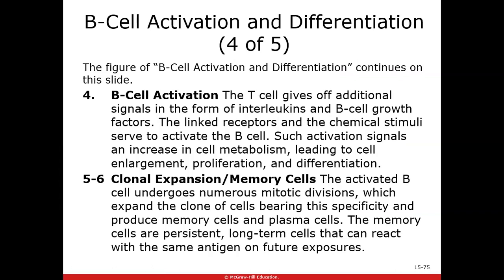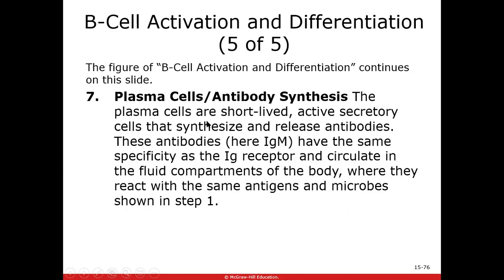So for B cell activation, the T cell gives off additional signals and activates that B cell. Then the B cell will create a memory B cell, or it will go on to create plasma cells, and it will produce immunoglobulins. Then you have the plasma cells, which produce the immunoglobulins, or antibodies.